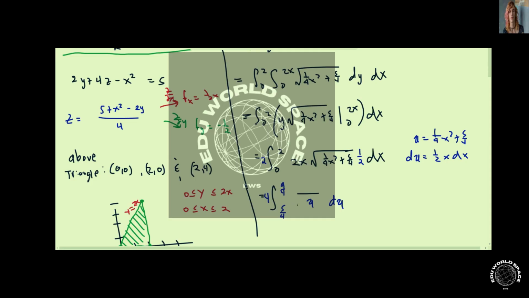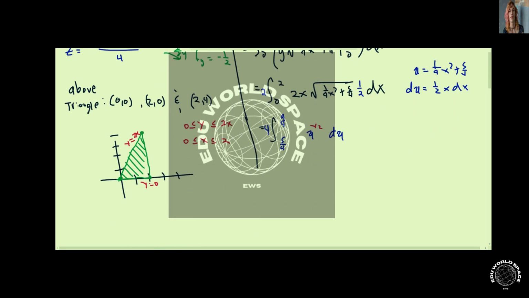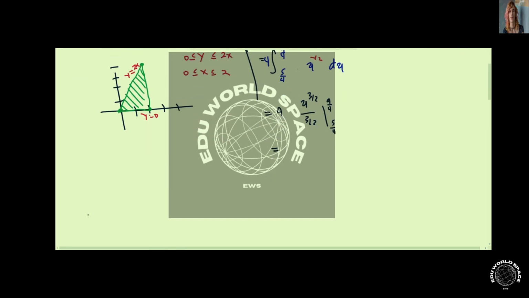And then let me just go ahead and rewrite this as a 1/2 power. So we can go ahead and use the power rule and get 3/2, or u to the 3/2 divided by 3/2, and we evaluate from 5/4 to 9/4. Okay. So if we reciprocate that to 2/3 and multiply that by the 4, it would be 8/3.